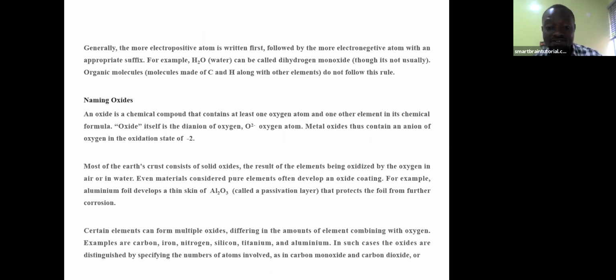Even materials considered pure elements often develop an oxide coating. Some materials made of pure element, when you expose them to air, react with atmospheric oxygen and form a solid layer, which is the product of the reaction, which prevents them from further reacting. Such materials are resistant to corrosion. Example, aluminum, not zinc.